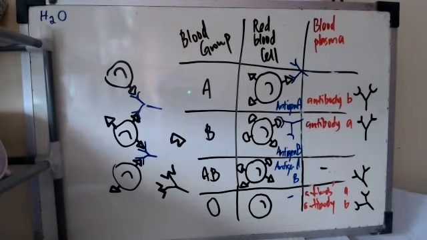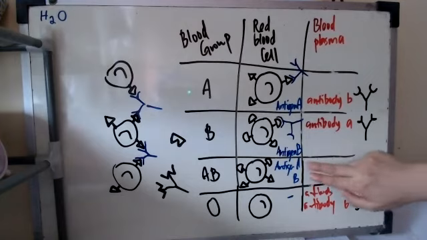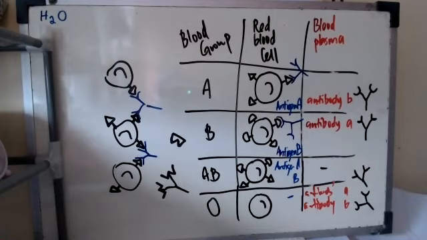Any impact for AB? Okay, so blood group AB, right? It only doesn't have antibody A and B. That doesn't make it a weaker blood group, because antibody A and antibody B are there to recognize your own red blood cell. You have all other antibodies, antibody C, D, E, F, all the way to Z, and then alpha, beta, all this.